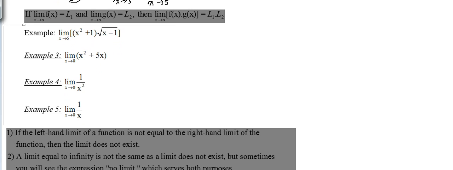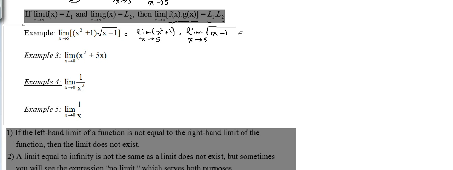If the limit of f of x is L1 as x approaches a, and of g of x it's L2, then the limit of the product of f of x and g of x is L1 times L2, the product of their answers. So here we can rewrite it as the limit of x squared plus 1 as x approaches 5 times the limit of radical x minus 1 as x approaches 5.